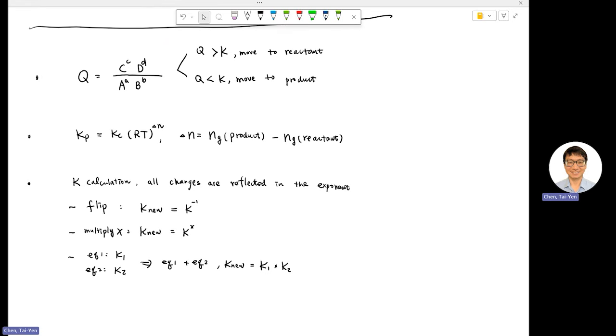One type of question you're going to encounter a lot in chapter 12 is predicting which way the reaction is going to move. Every time you write out the quotient, you calculate product over reactant.